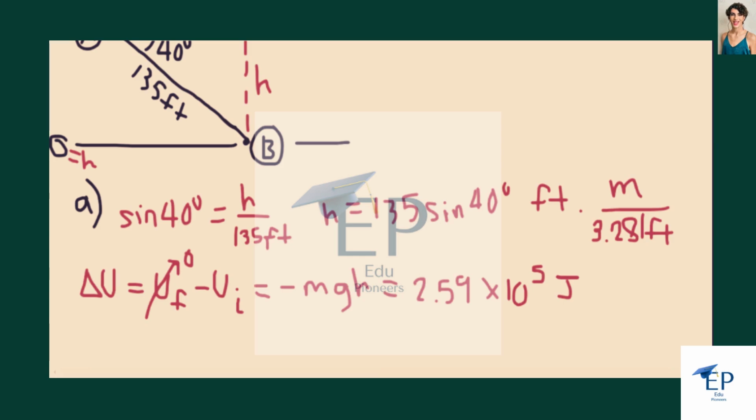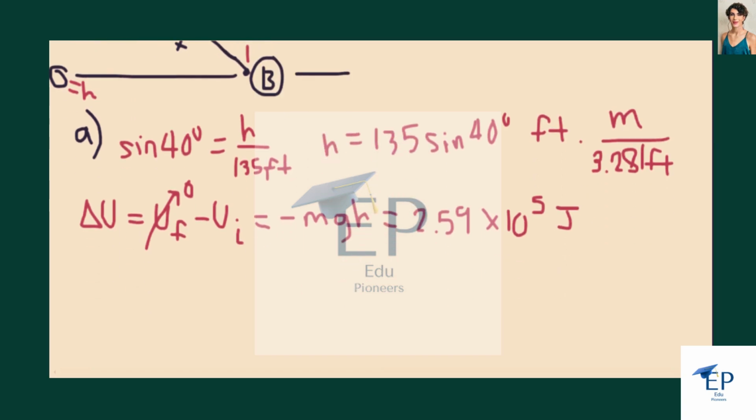However, I want to read the question again. Potential energy of the system. Oh, okay. So I need the potential energy at point A and the potential energy at point B. Okay.